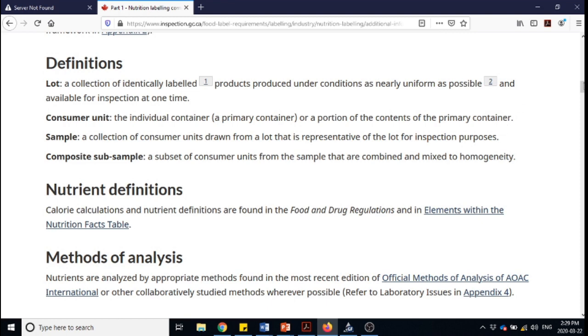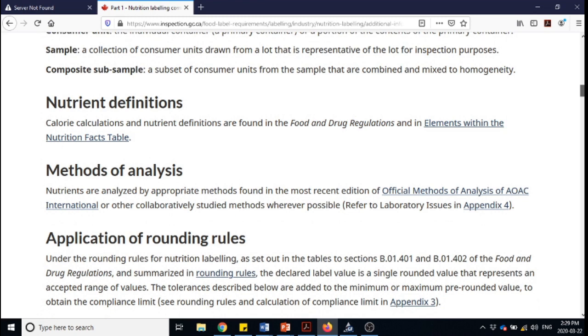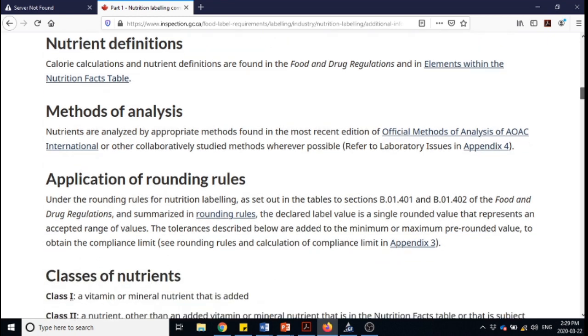All those nutrient definitions, those are within the Food and Drugs Regulations, and we found those in the Guide to Food Labeling for Industry. For all of you who are staying at home and enjoying the extra time that you have on your hands, I highly recommend reading that Guide to Food Labeling for Industry. It is such a rich resource of information. They are using AOAC methodology for evaluating the nutrition content of different food products.